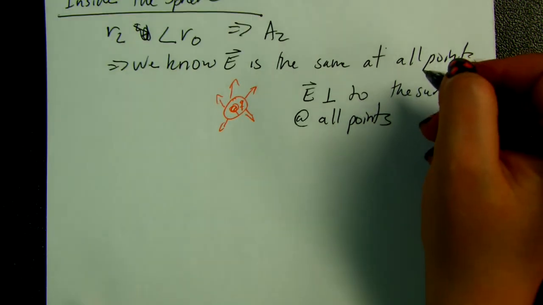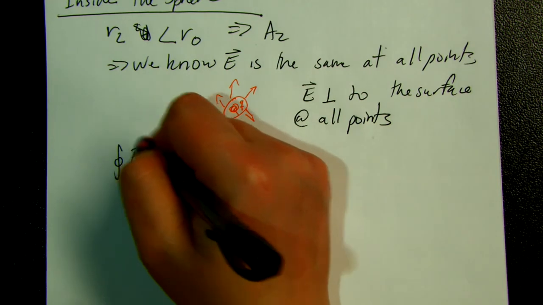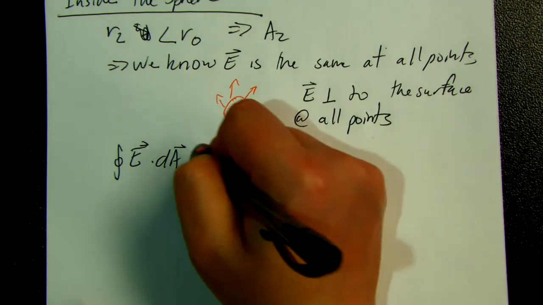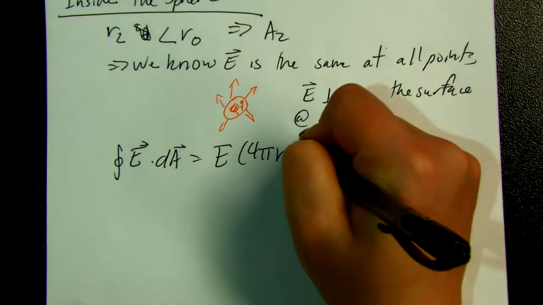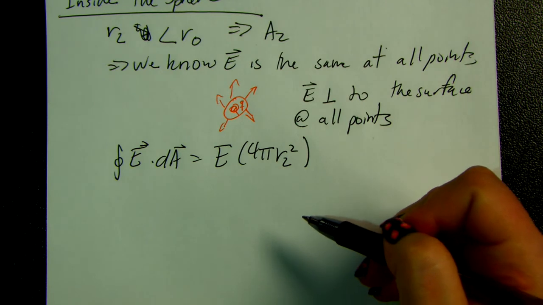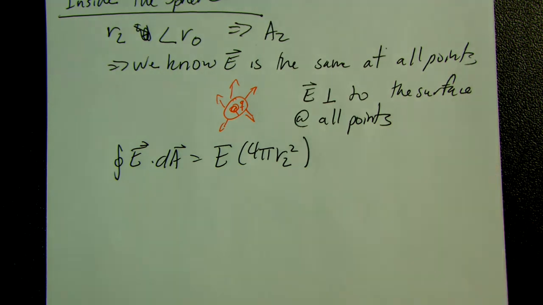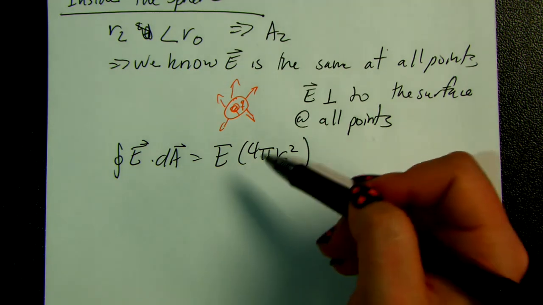Okay, so setting up Gauss's law, E dot dA is equal to E 4 pi R squared, so this time it's R2. And we're not done yet, because we actually don't know how to relate this to Q enclosed.